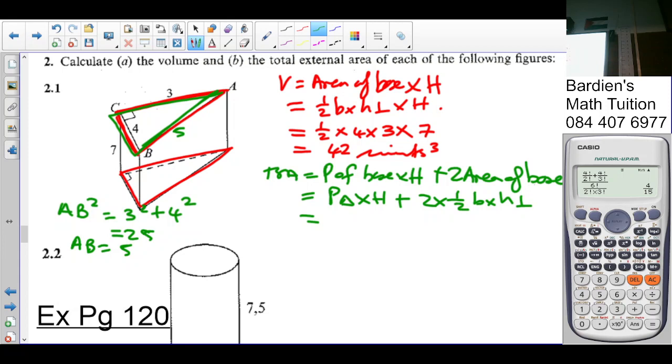Okay. Perimeter of a triangle is 3 plus 4 plus 5, times height 7, plus 2 times half times base 4 and height 3 perpendicular. 3 plus 4 is 7, 7 plus 5 is 12, 7 times 12 is 84 plus 12, which is 96 units squared.